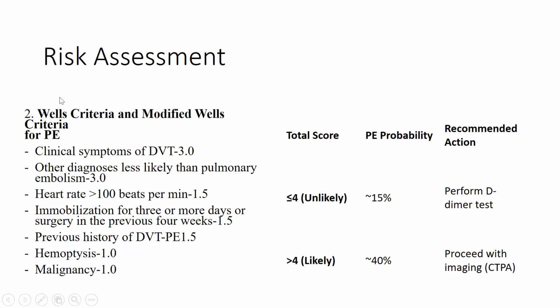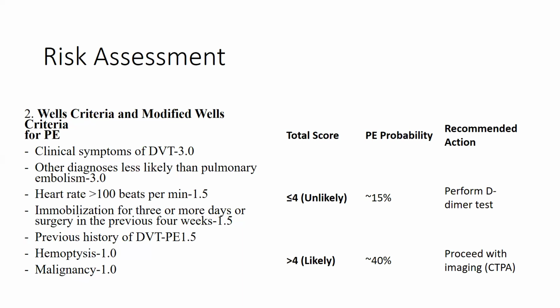The second risk assessment score is the Wells criteria, which has had different modifications. If the patient has clinical symptoms of DVT, you give the patient a score of 3. If other diagnoses are less likely than PE, that is, you have a high index of suspicion of PE, 3.